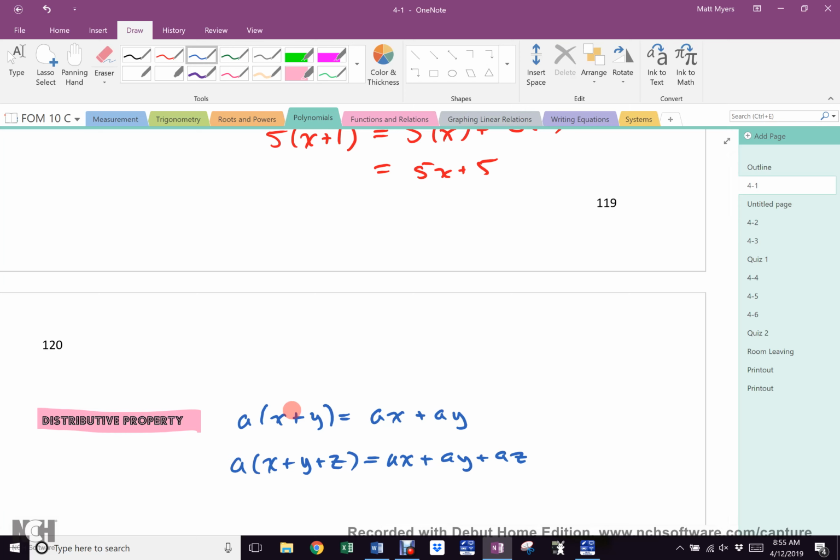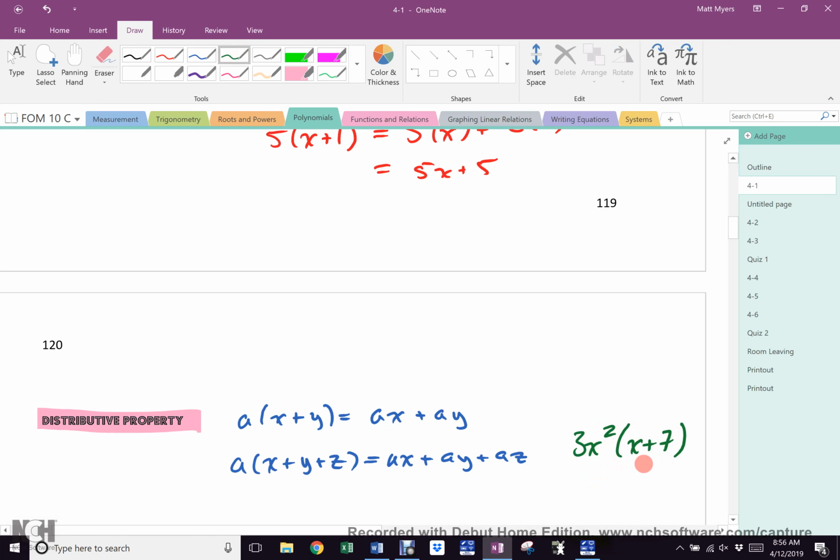Can I forget about all my other rules? When I'm doing distributive property, do I get to forget about exponents? No, of course not. So what would be 3x squared times (x plus 7)? Oh, now everybody shuts up. What would this be?